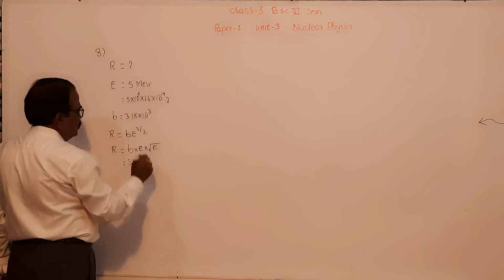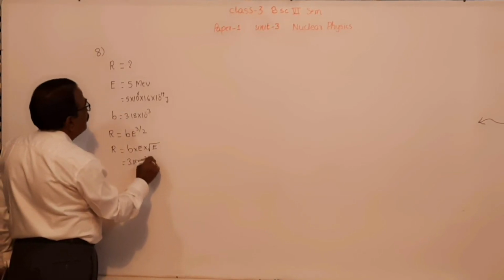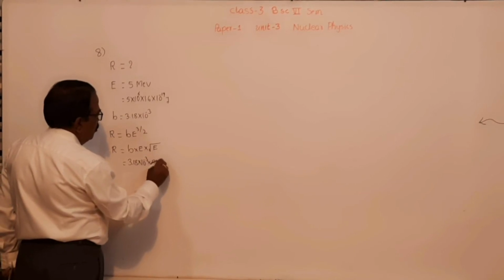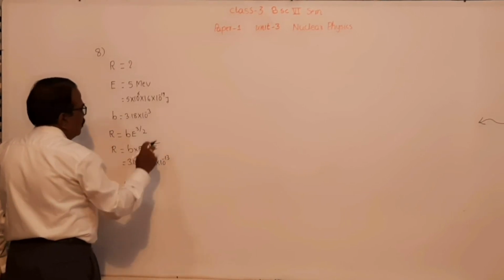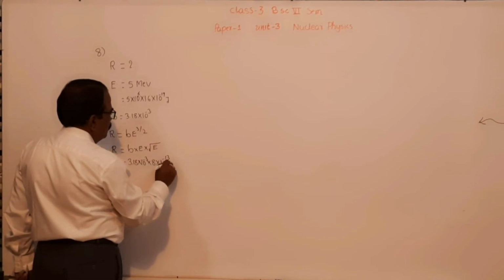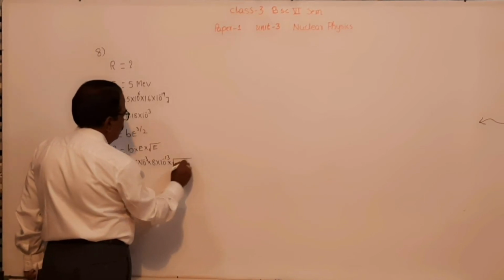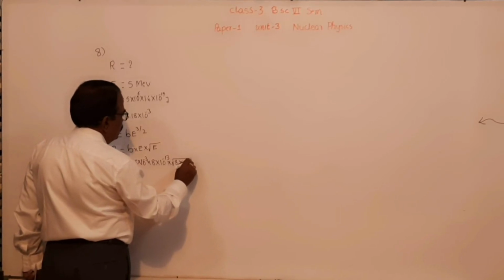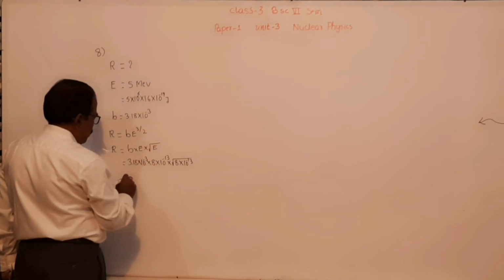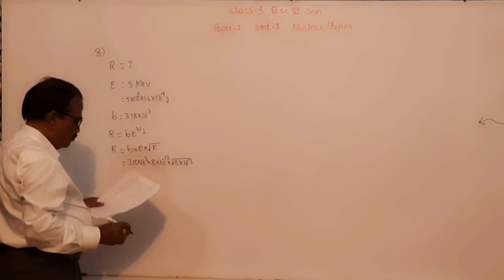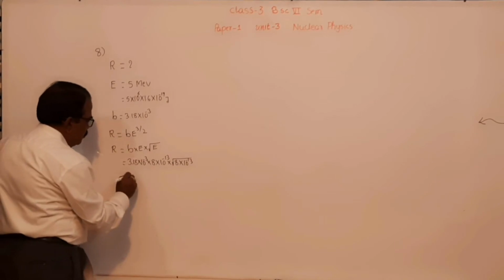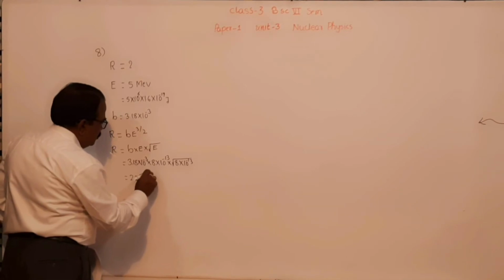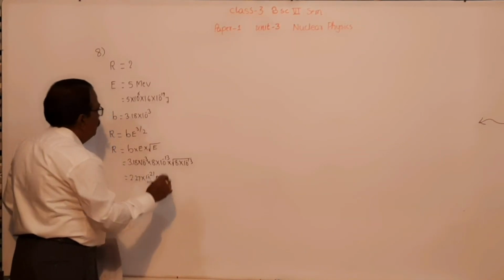So 5 into 1.6 is 8, 10 raised to minus 13, and into square root of 8 into 10 raised to minus 13. If you simplify this, you are going to get 2.27 into 10 raised to minus 21 meter.